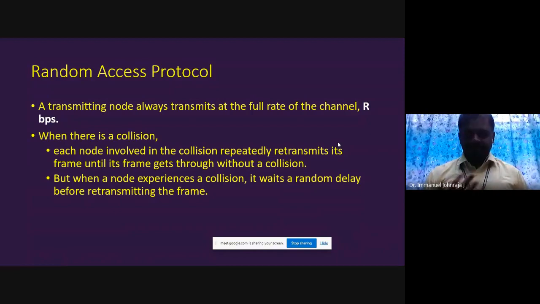When there is a collision, but there should not be a collision so that you can realize the maximum bandwidth of R, each node has to find out how to circumvent this, or how to come out of this problem.